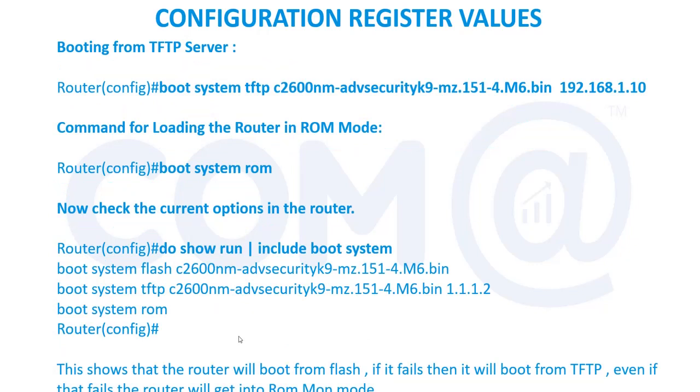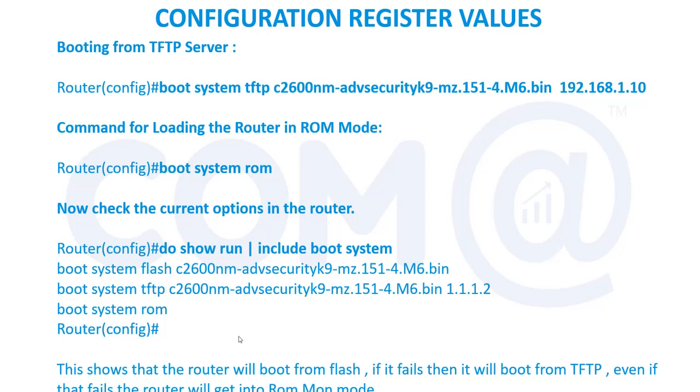Booting from the TFTP server: normally, we have to install the TFTP software in any one of the servers. Maybe we can do it in a dedicated server and connect it in the network. So via your laptop, the configurations can be uploaded to the TFTP server, and if there is any issue, we can restore it from the TFTP server.